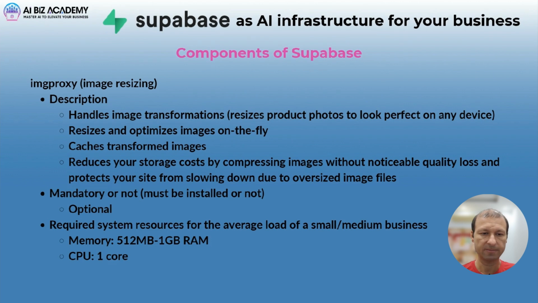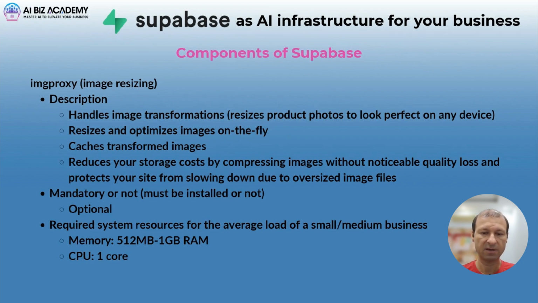Image proxy is an image resizing component. So if your application handles a lot of images, I recommend you have this enabled because it resizes and optimizes images on the fly. It caches the transformed images and basically reduces the storage costs by compressing images without losing quality.